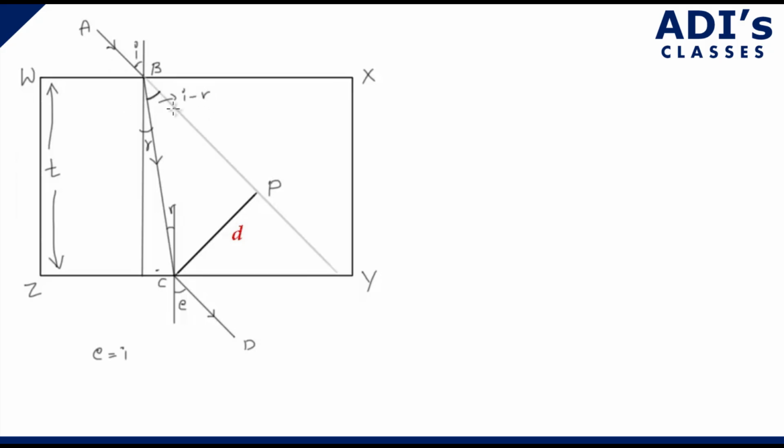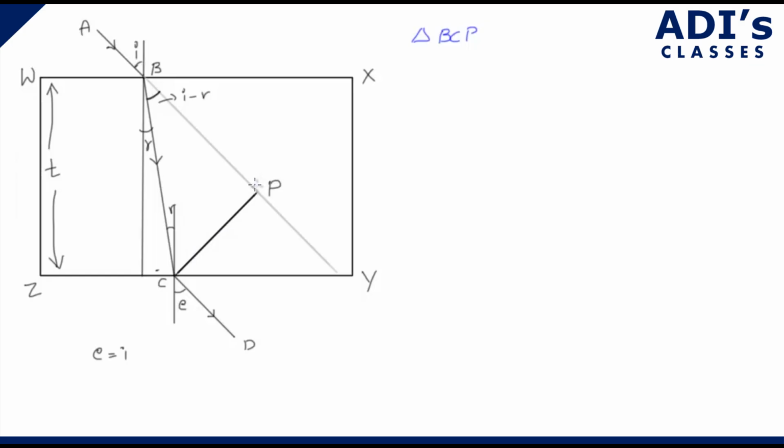The whole angle is I, this part is R, so obviously this has to be I minus R. Now the very important thing is which triangles will help us find the lateral shift. We need CP, correct? So the triangle we have to consider is BCP. In triangle BCP, we have I minus R and we need CP.